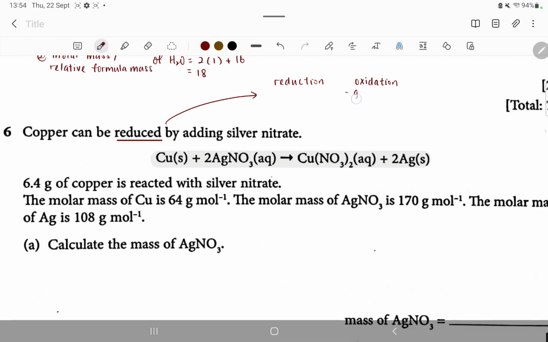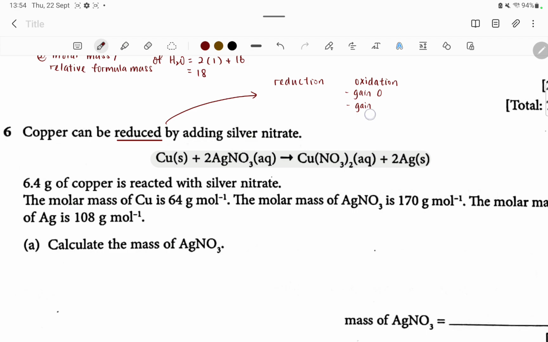This one is lose electrons, lose hydrogen, gain oxygen, and increase oxidation number.